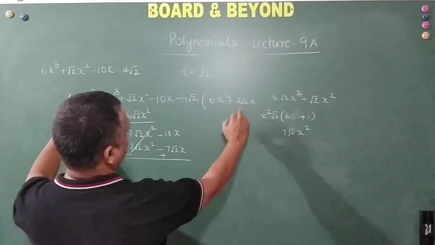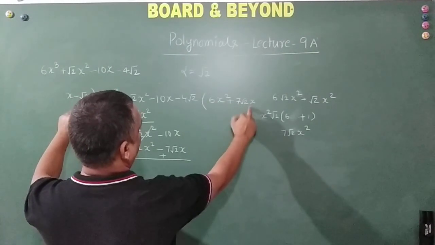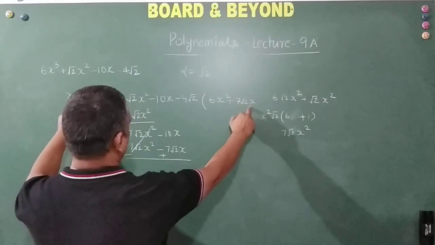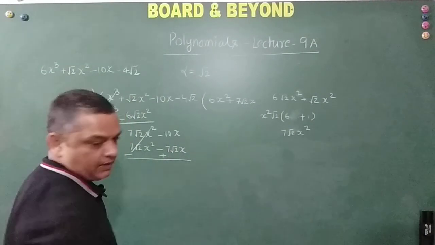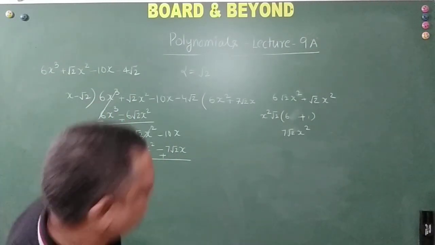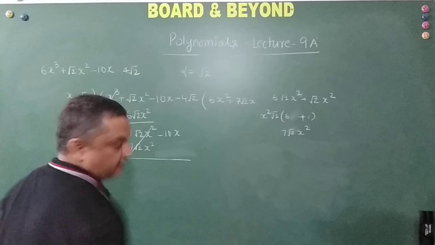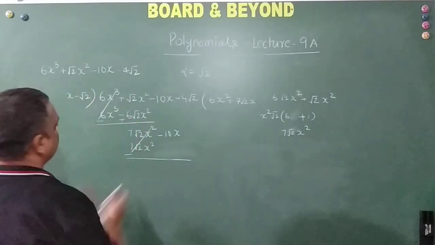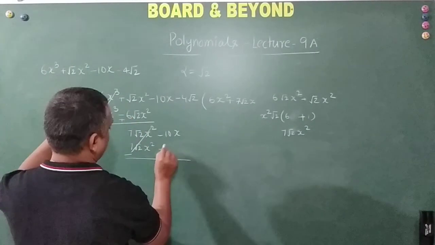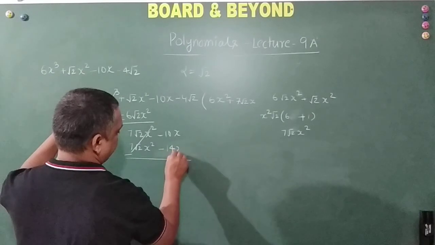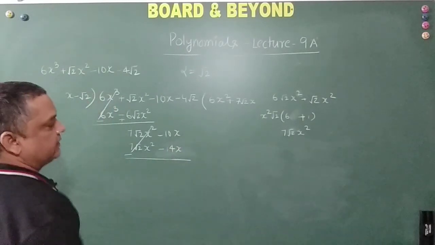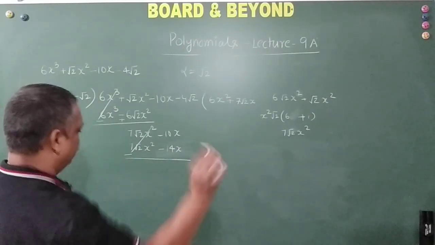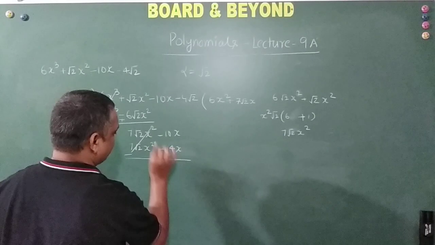Sorry. See, friends, this is 7 root 2 x into minus root 2, which will be 14. I'm sorry, 14. So this becomes how much? Minus, of course, 14x. Okay, right? Okay. So now it's all right. So this becomes plus.